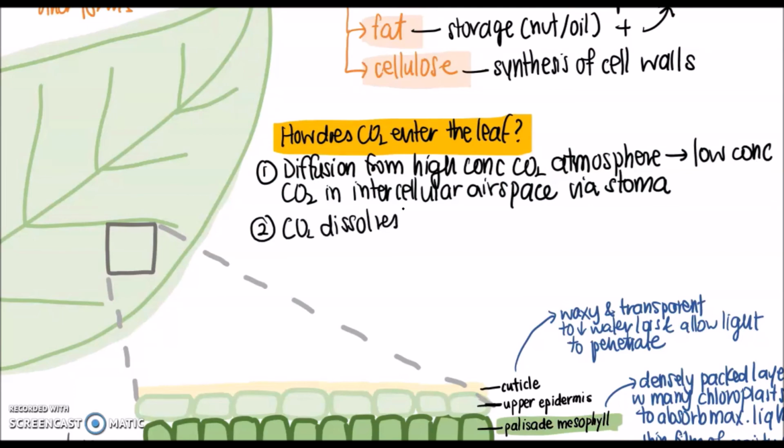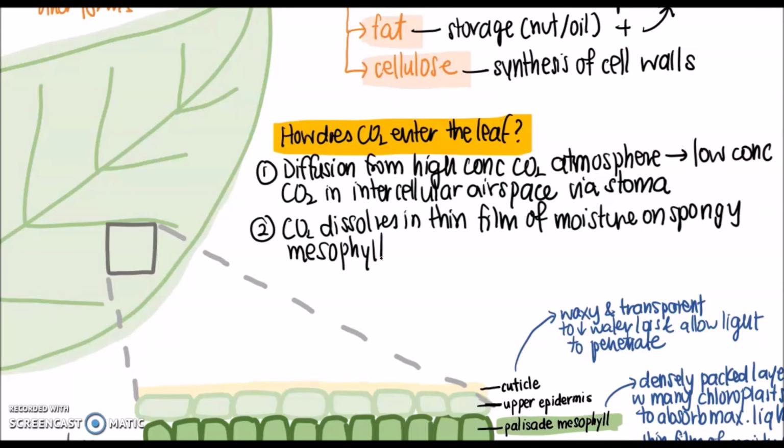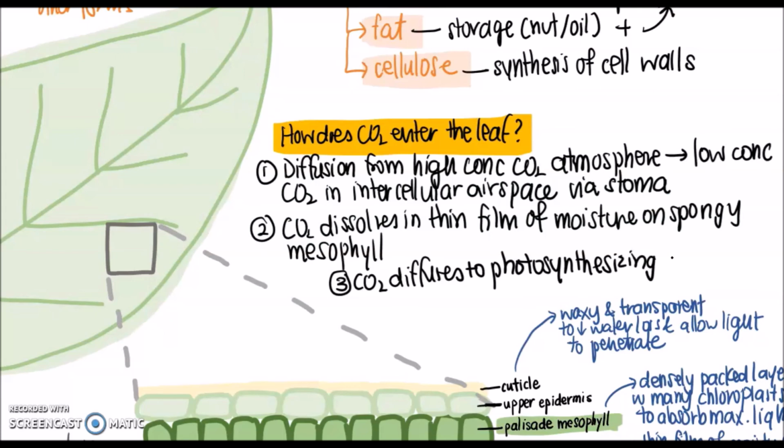After that, carbon dioxide will dissolve in the thin film of moisture on the spongy mesophyll. Finally, carbon dioxide can now diffuse to the photosynthesizing mesophyll cells, such as palisade or spongy mesophyll. And this is also from high to low concentration.